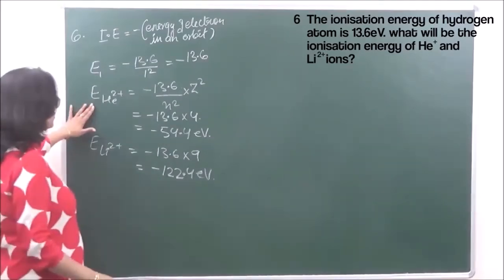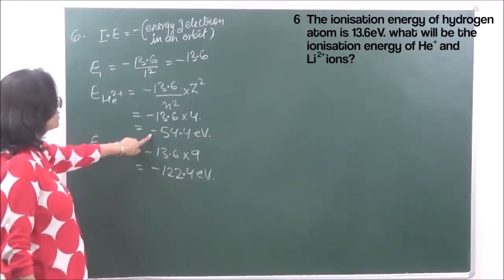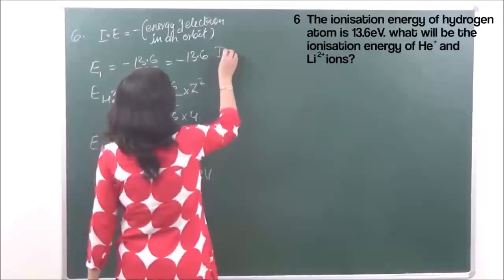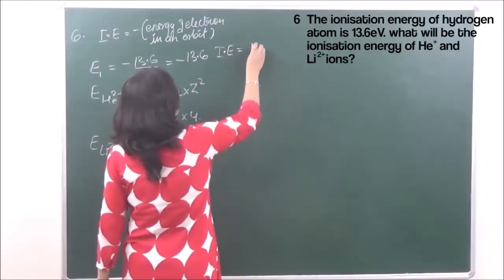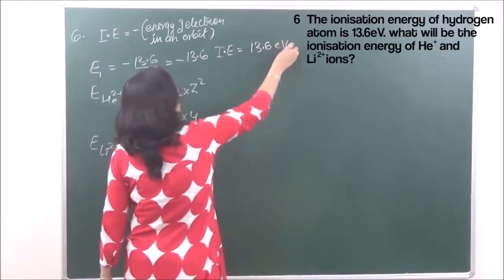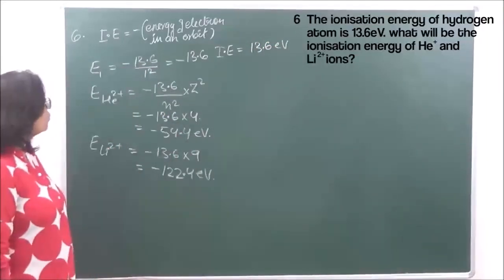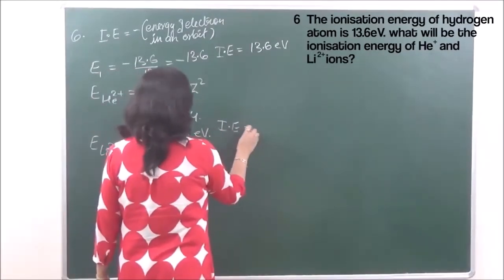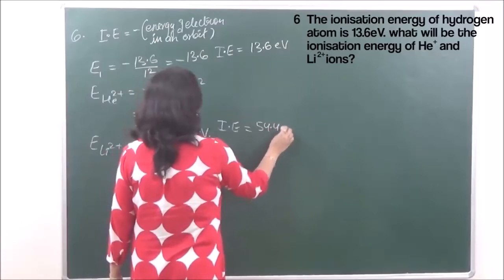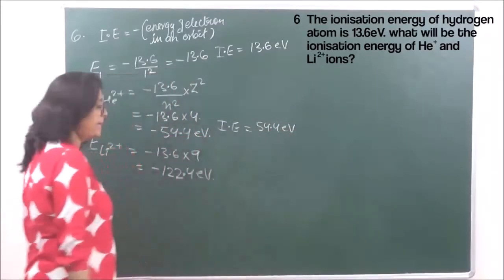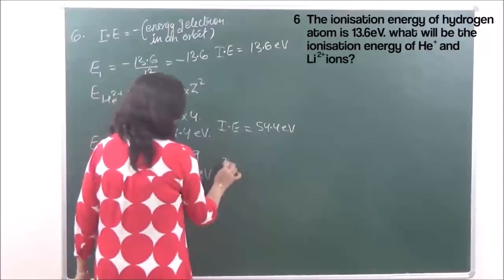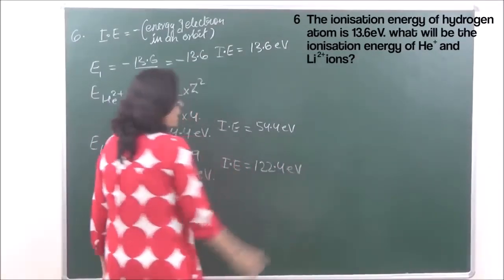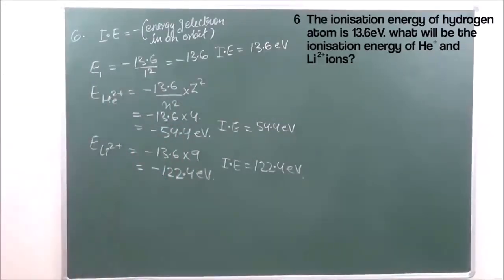When we are talking of ionization energy over here, it will have the same value, but that is going to be positive. So let's say that the ionization energy for hydrogen is equal to 13.6 electron volt. For helium it is 54.4 electron volt, and for lithium it is going to be 122.4 electron volt.